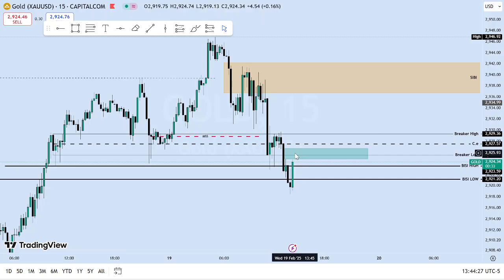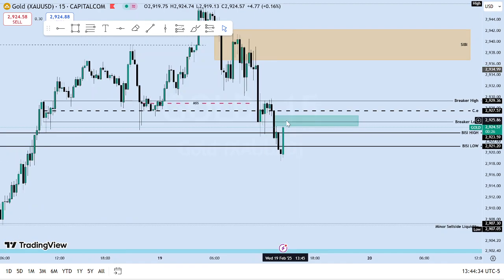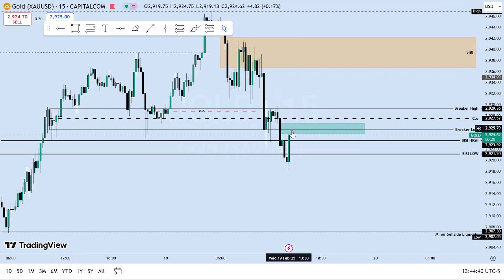Hope you understand what I said. Sell side inefficiency, buy side imbalance. It's going to act as a resistance. But once price violates it, that is, trades above it and closes above it, then when price comes back retesting it again, it will act as an inversion.